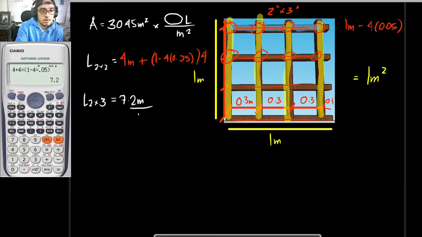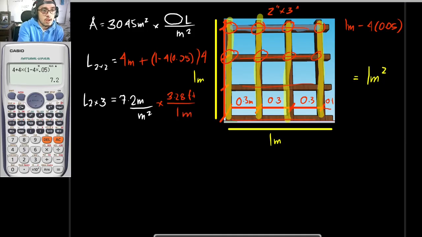So 7.2 meters per square meter. This implies that for every square meter of an area, you would be needing 7.2 meters of wood. And since we are to compute for the board foot later, we must convert this into feet. So we must multiply this by our conversion factor, 3.28 feet for every 1 meter.